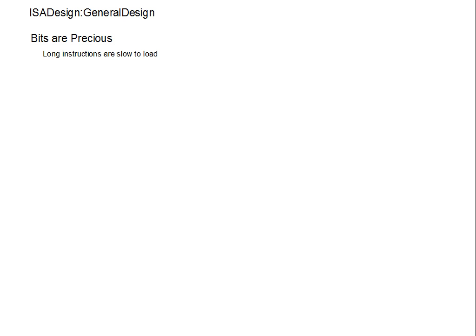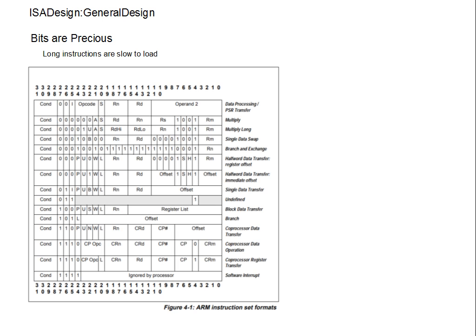And question 1. Cite at least 2 examples from the prior topic on ARM ISA design that show clever optimization of bit usage. Here's a copy of the instruction format chart for reference. The answer here is that a number of examples are really possible.